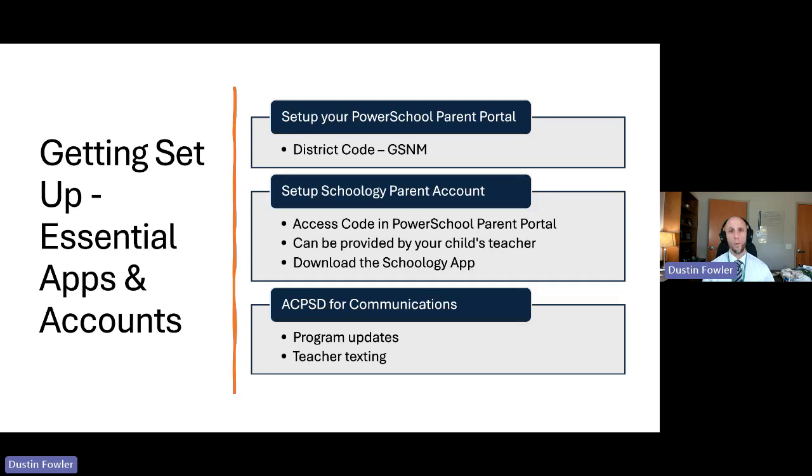When you go through the motions of setting up this app, there's one thing that's going to ask you, and that is for a district code. You would put in that right there. That's our district code, GSNM, and that's unique to us. So it doesn't matter if your student attends Aiken Innovate or whatever it might be, this is the code to access that portal app.